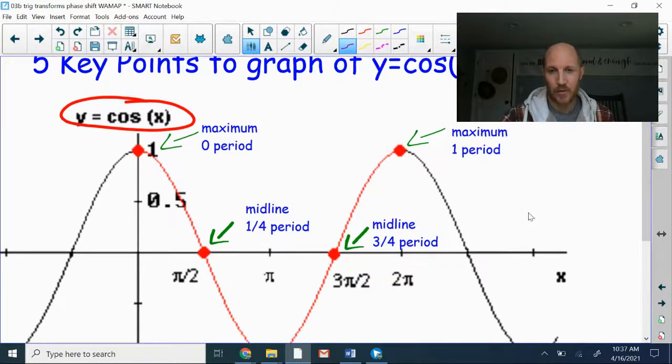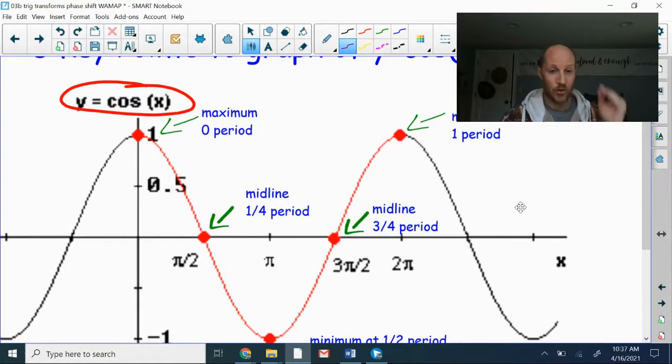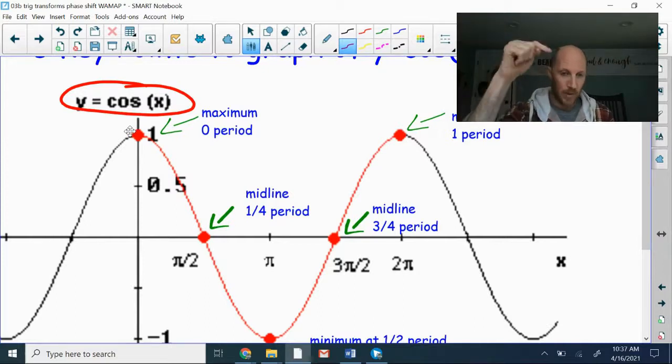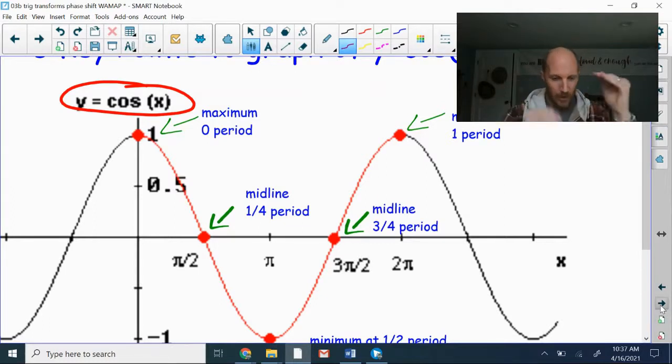Cosine starts at a different place. It follows the same pattern, but starts from the maximum. So at time 0 or angle 0, we're up at the maximum, and then the graph goes down to the middle, bottoms out at the minimum, comes back up to the midline, and then returns to the maximum at one full period. Same locations: minimum, maximum, midline. It's just where we start from. That's the only real difference between sine and cosine.